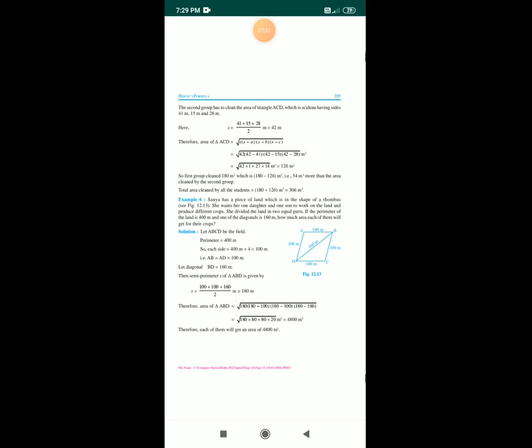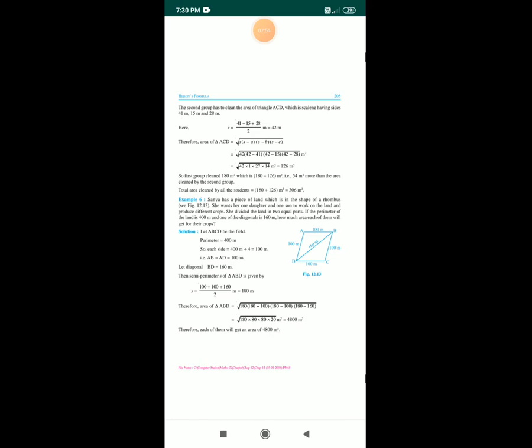Now see the example number 6. Sanya has a piece of land which is in the shape of a rhombus. See in the figure 12.30. She wants her one daughter and one son to work on the land and produce different crops.